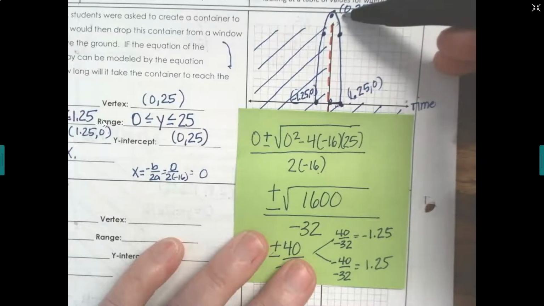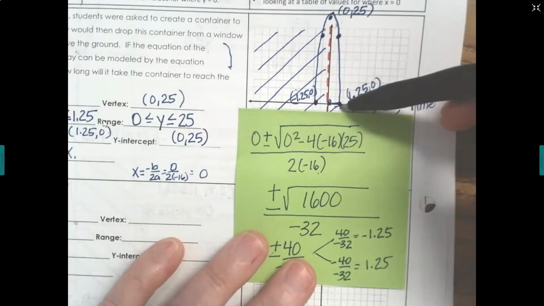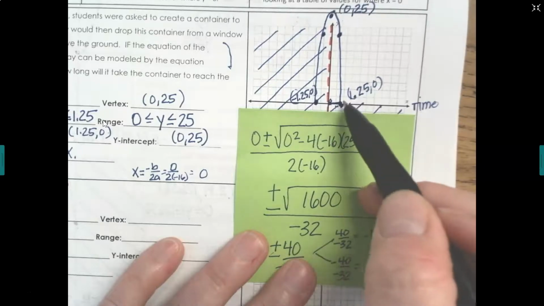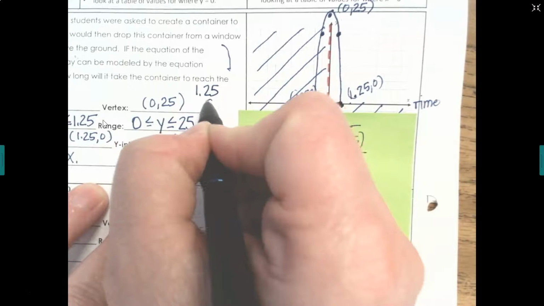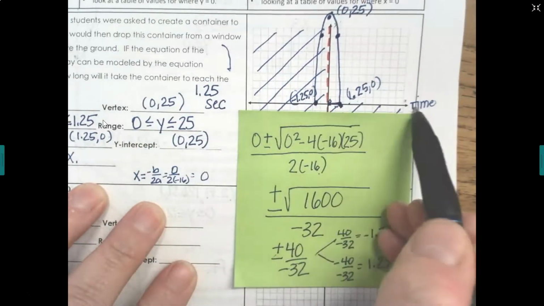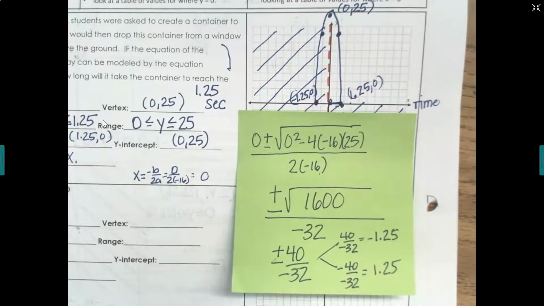So you're all the way up here at 25 feet, and you drop it, and it hits the ground right there. How long did that take? That took 1.25 seconds, because it said our time was in seconds. Where it hit the ground, our x-axis here is time, so that's how long it took, 1.25 seconds.